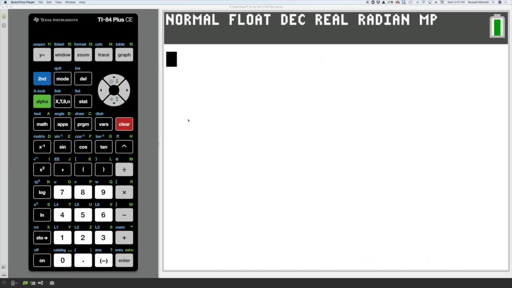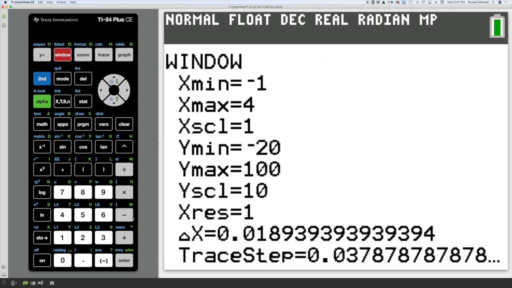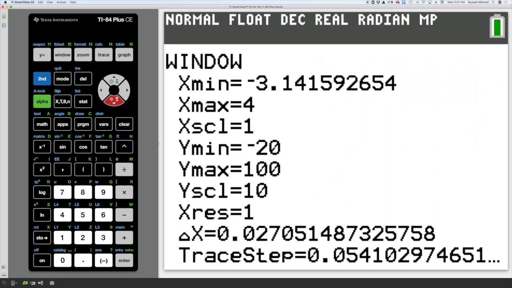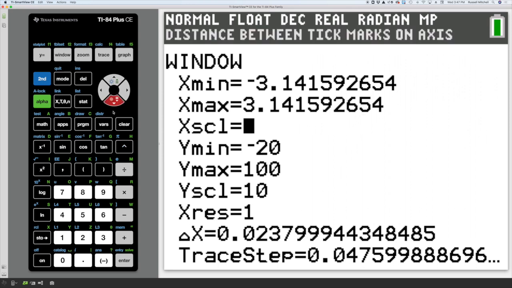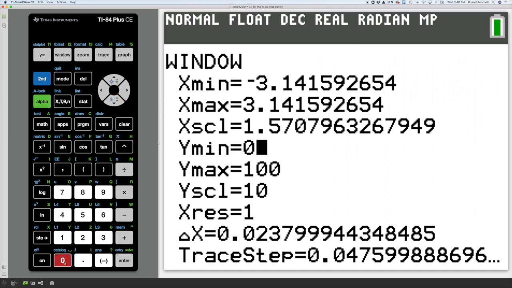All right, so now with our graphing calculator, we want to press window, and we want the left side of our screen to be negative pi, and then our x max to be pi, and then our x scale to be pi over 2 or pi over 4. Remember I said that just a minute ago. I'm going to do pi divided by 2. And then our y min, 0.